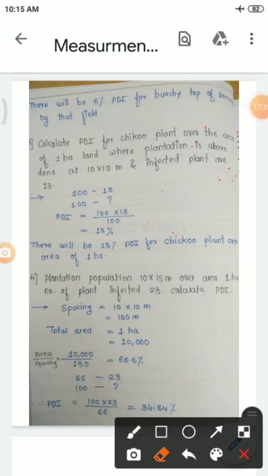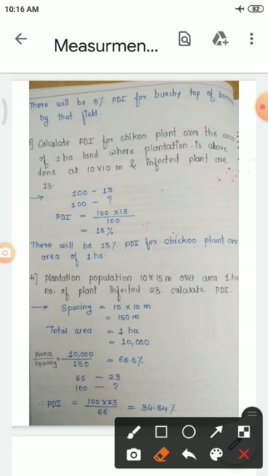Next, the fourth example: the plantation of chiku plants is at 10 by 15 meter spacing over an area of 1 hectare. That means the spacing is given as 10 by 15 meter and the area is 1 hectare. The number of plants infected is 23. So calculate PDI in percent.